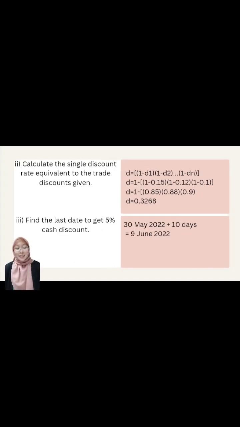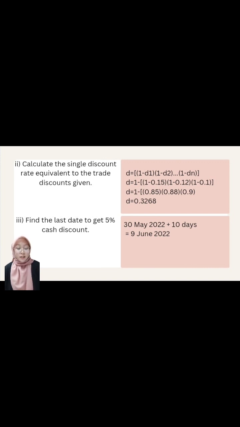The next question asks to calculate the single discount rate equivalent to the trade discounts given. To answer, we use the formula D equals 1 minus (1 minus D1)(1 minus D2)...(1 minus Dn).